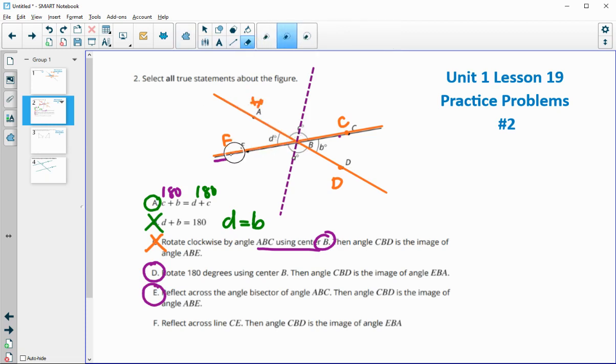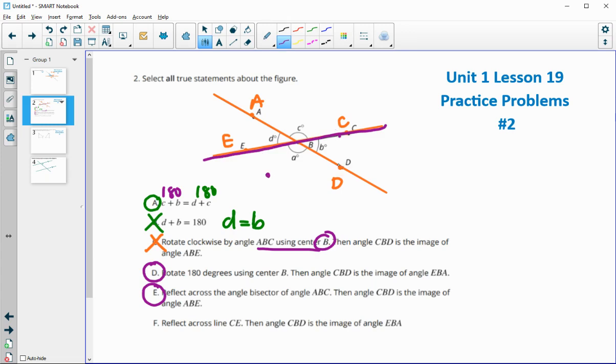And then the final one, let me get that back on there. The final one is asking us to reflect across line CE. So if we were going to reflect on this line, you're going to fold it over. If we fold this over, this is going to land here.